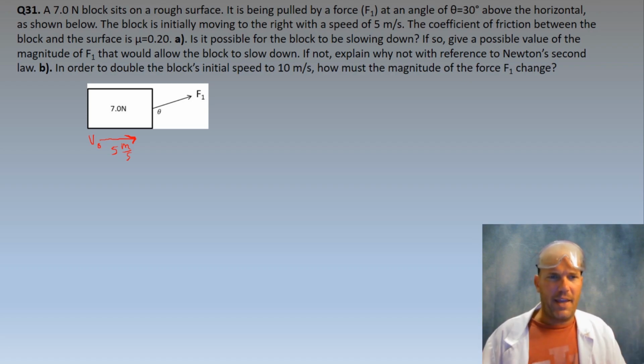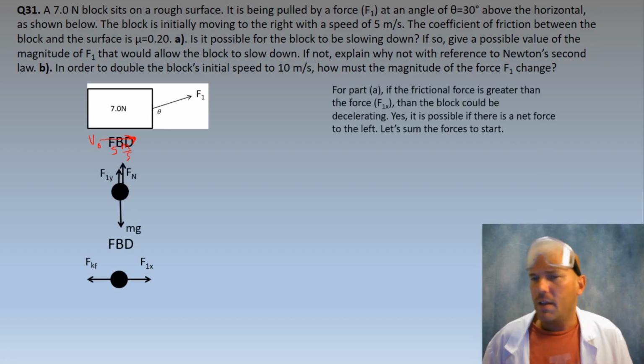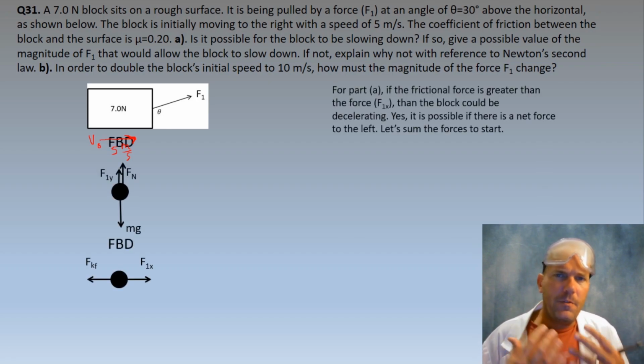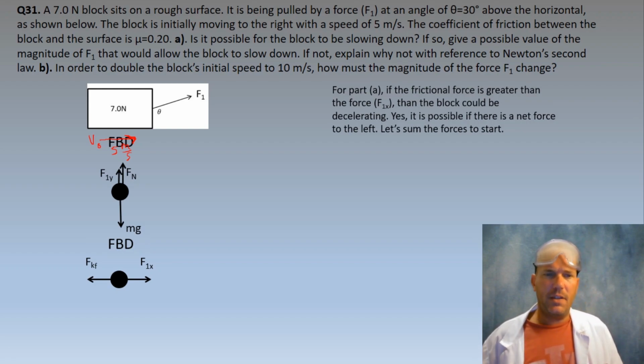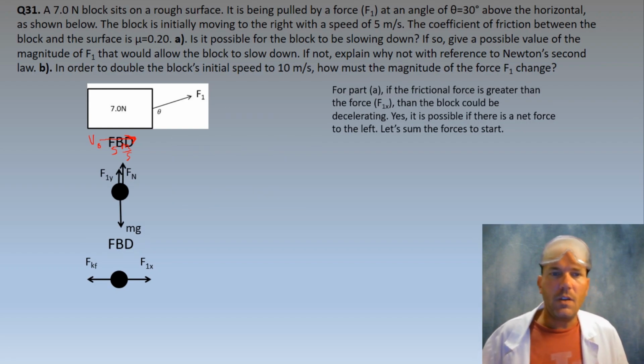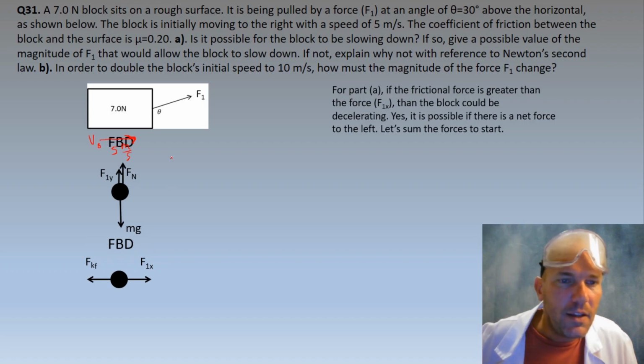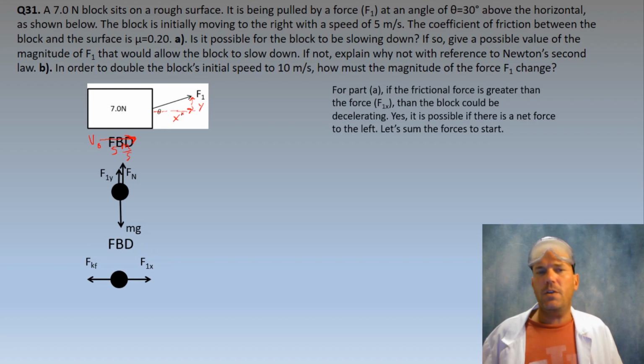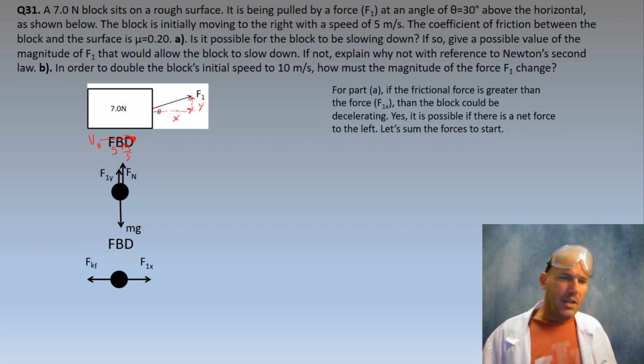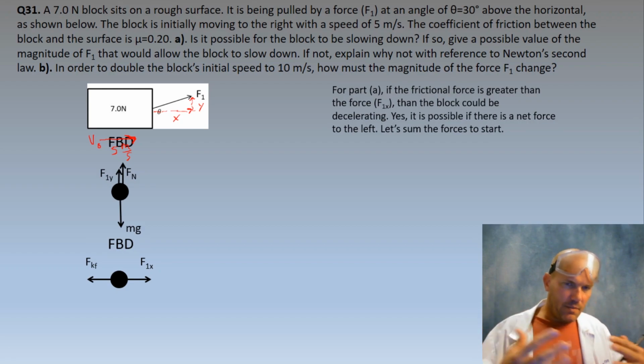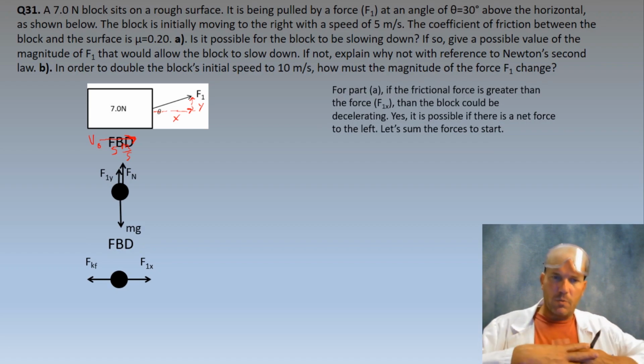Let's start with A, because there's quite a bit there to look at. Our free body diagram for this particular scenario: we have the angle theta, which means we're going to be resolving into the x and y components using trig. We'll use sine for vertical, cosine for the horizontal. When we do our free body diagram, we have our component vectors resolved.